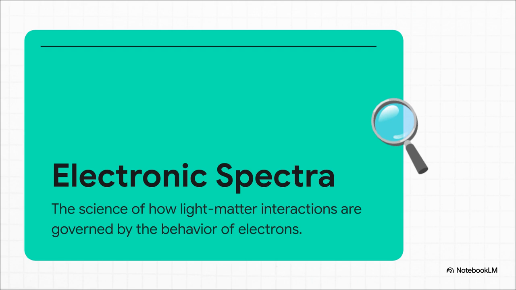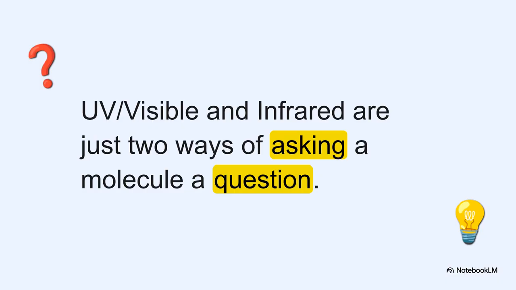When that UV light makes electrons jump, we see color. And when IR light makes the bonds vibrate, well, it's the electron clouds that are holding those bonds together that decide exactly how they're going to vibrate. So maybe the best way to think about all this is that UV/visible and infrared light are just two different ways of asking a molecule a question. You're basically saying, hey molecule, what does it take to get your electrons excited and jump around?